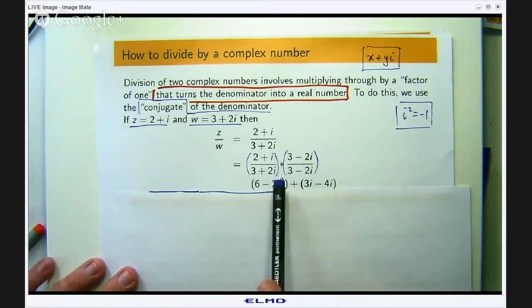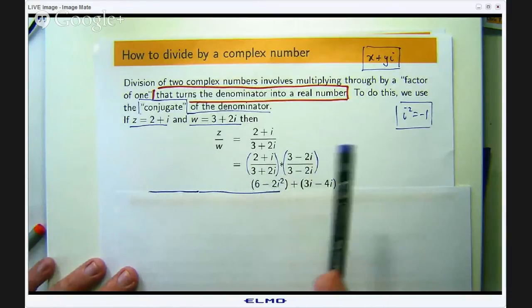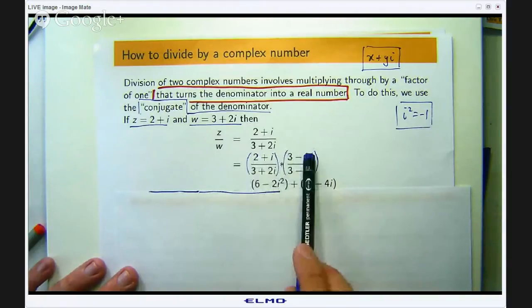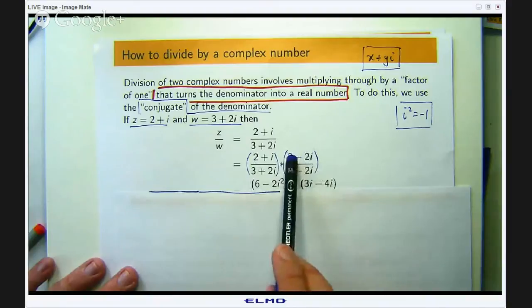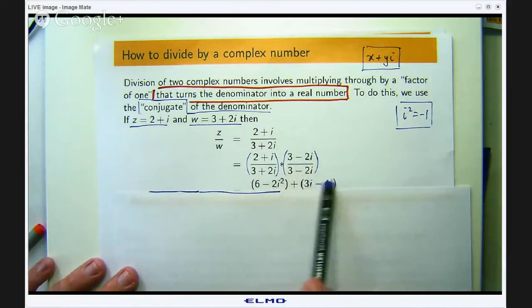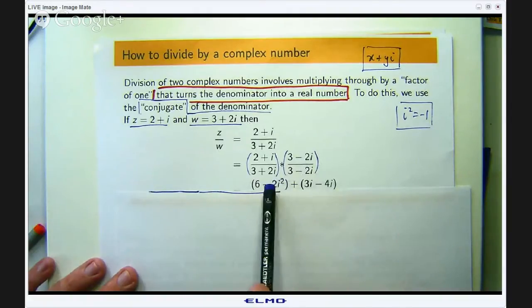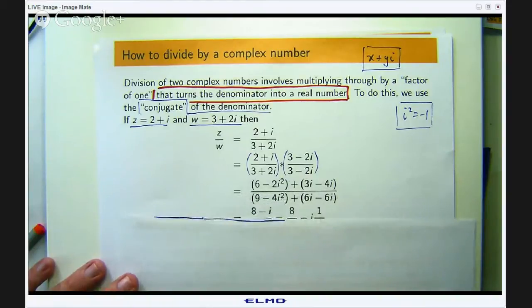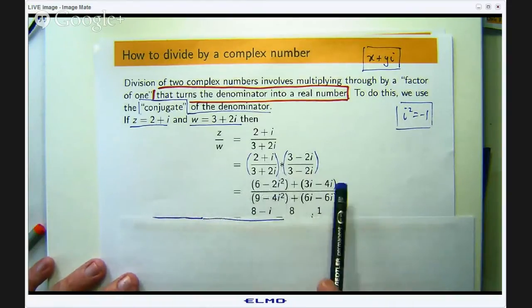I group those together because I know they're going to give me a real number. Then you just multiply the i's with the real numbers. So 2 times -2i, -4i, 3 times i, 3i. So group those together and you'll add or subtract those together. Now i squared equals -1, so this will be -2 times -1. So it'll be 8 up here and -i up here.